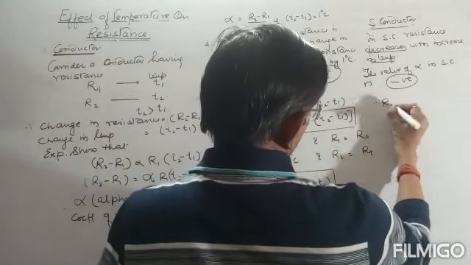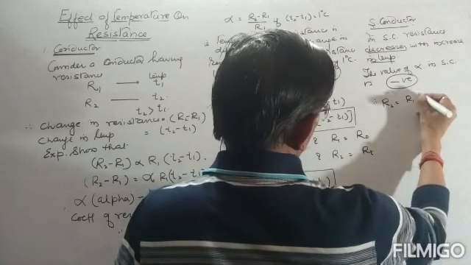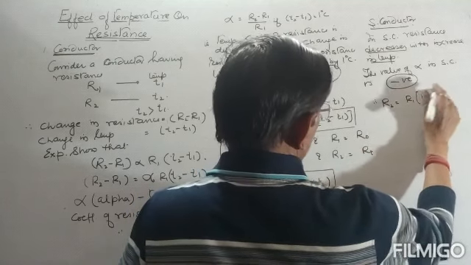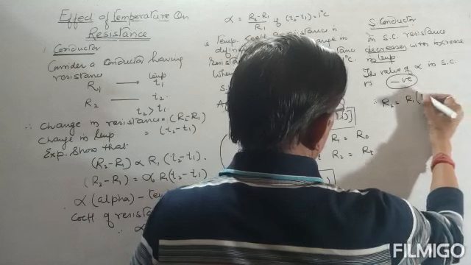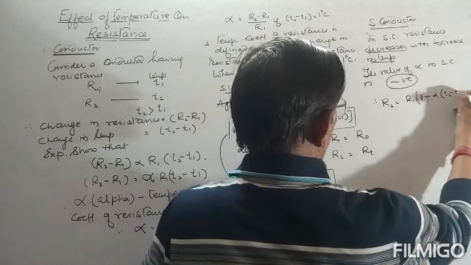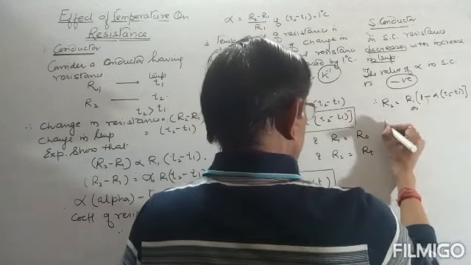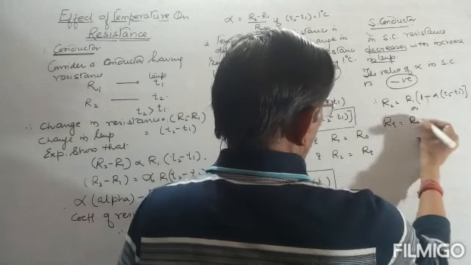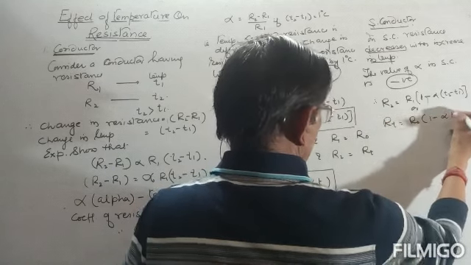Therefore, the equation will be R2 is equal to R1 into 1 minus alpha into T2 minus T1, or RT is equal to R0 into 1 minus alpha T.